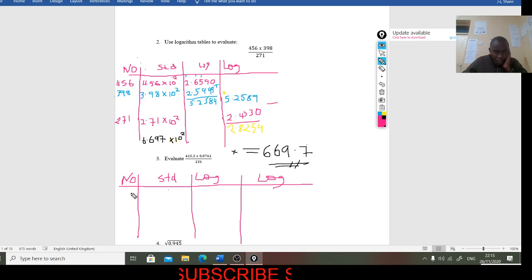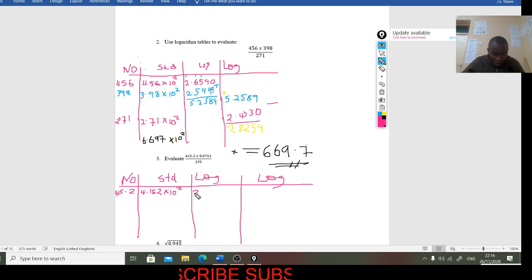Now, once you make such a table, 415.2 in standard form, I move 1, 2, it will be 4.152 times 10 raised to power 2. Remember, I moved 2 to the left, so the power is positive 2.